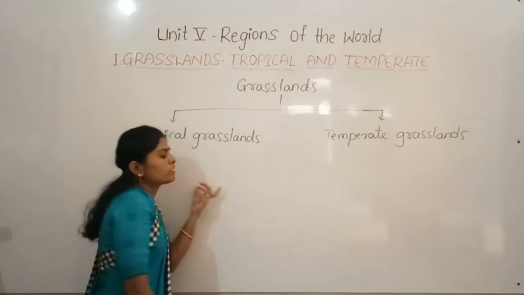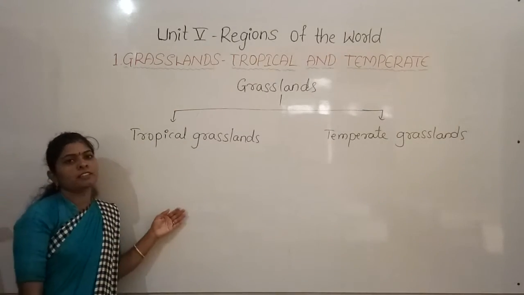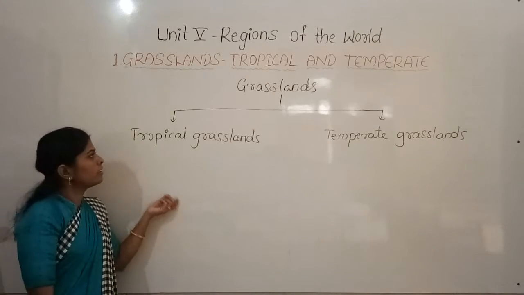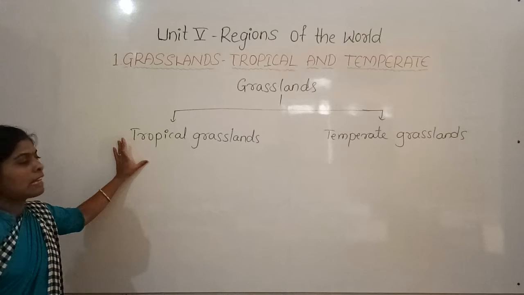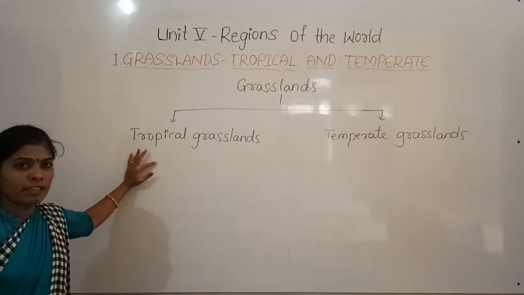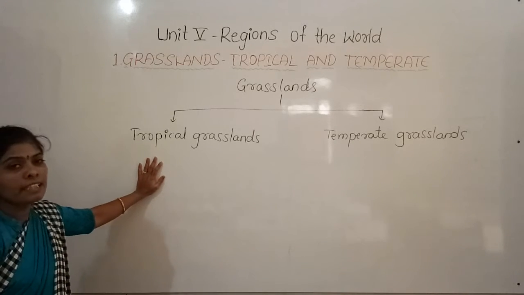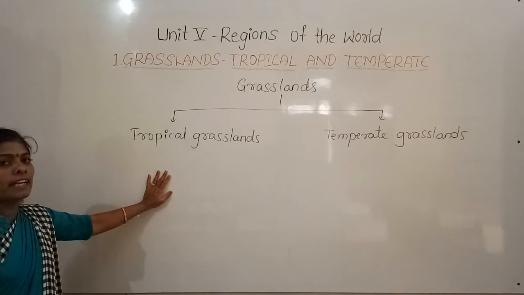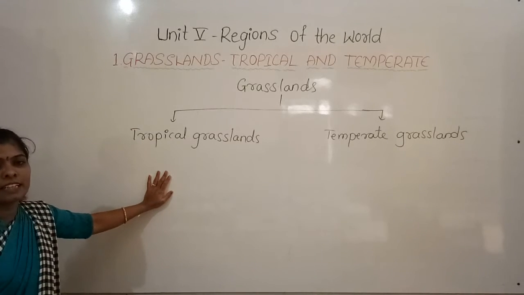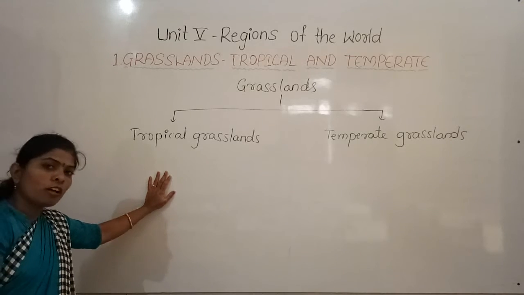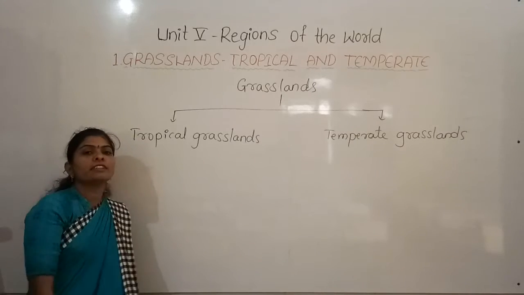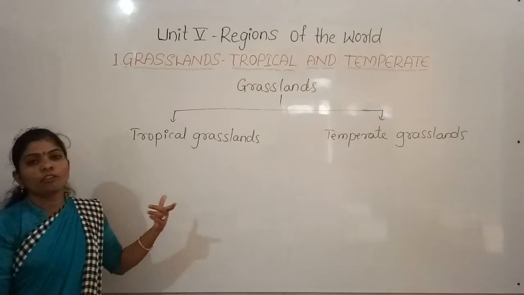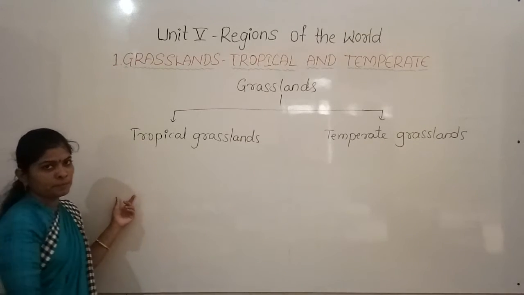Since they are tropical, they are close to the equator. So they are located between 7 degree to 20 degree north as well as 7 degree to 20 degree south. There we can see the tropical grasslands.